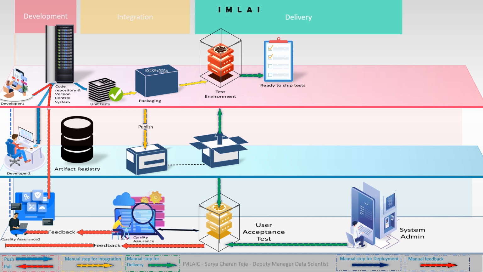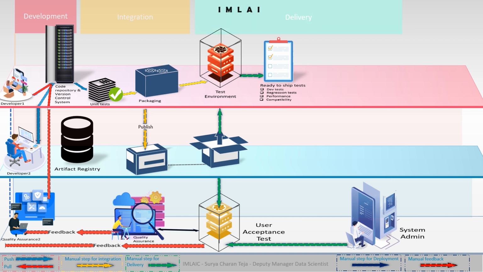So now we will move back into the test environment again. In test environment, we will write some ready to ship tests, such as dev tests, regression tests, performance tests, compatibility tests.